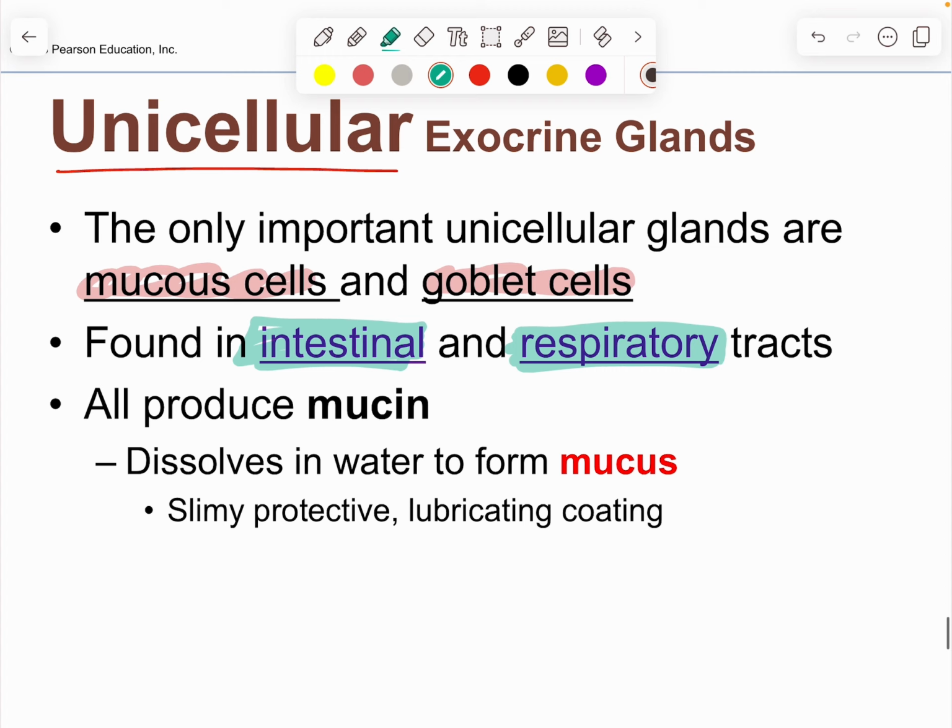All unicellular exocrine glands are producing something called mucin. It dissolves in water to form mucus. And these help lubricate, coat, and provide a protective, slimy coating within the various intestinal and respiratory tracts to move substances through, so that stuff doesn't get stuck.